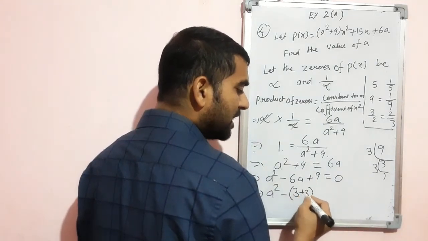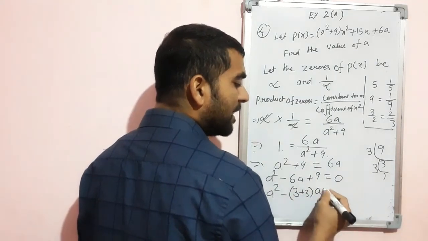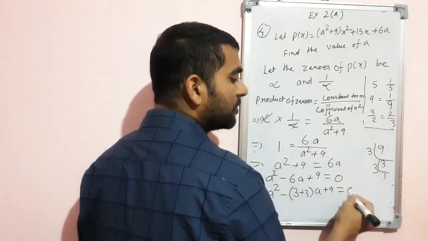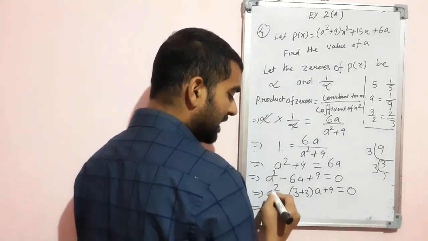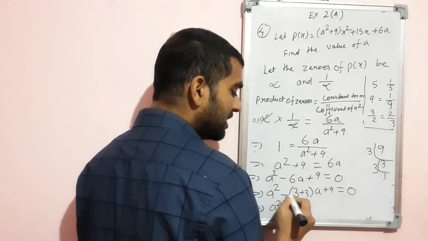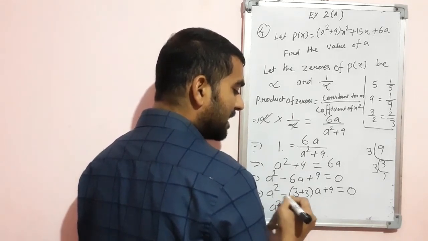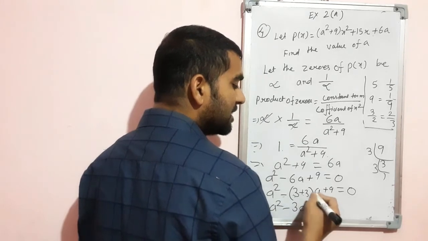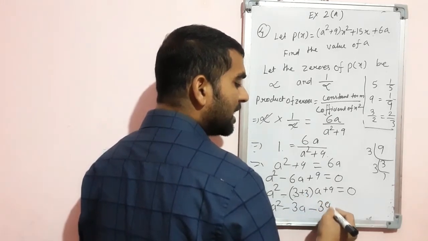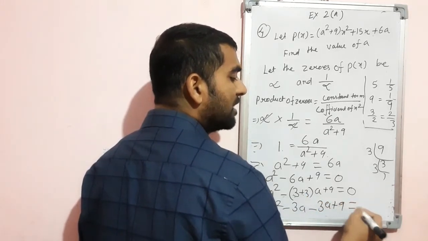So a square minus 3a minus 3a plus 9 equal to 0.